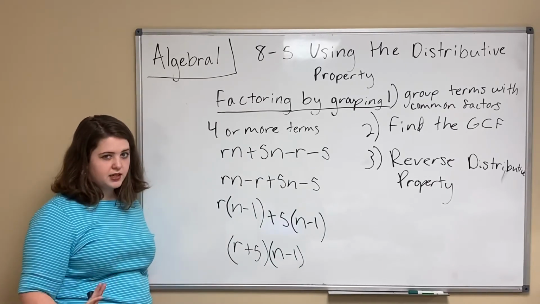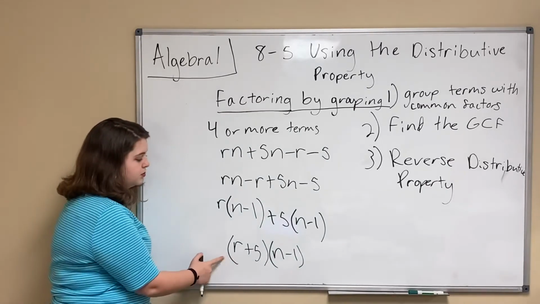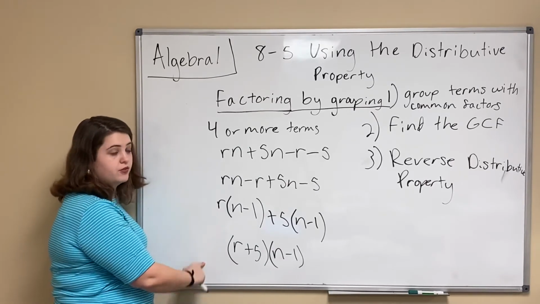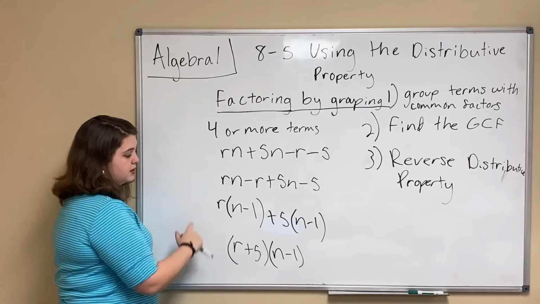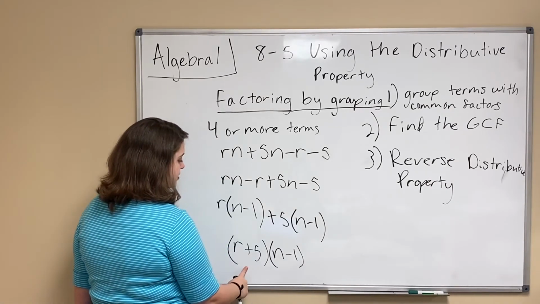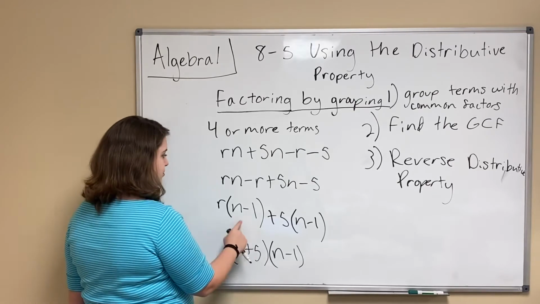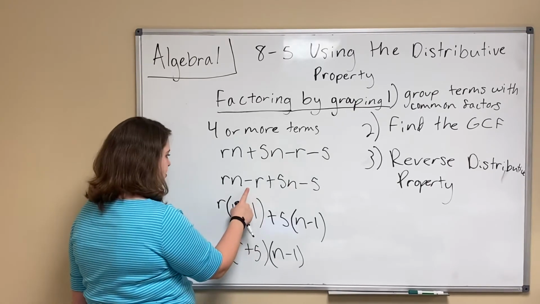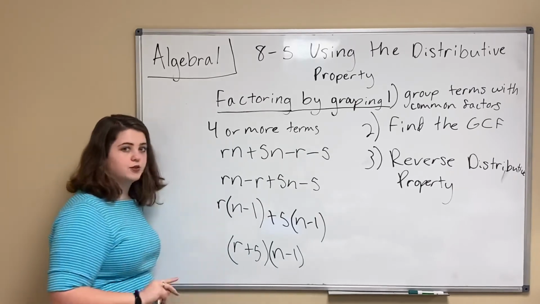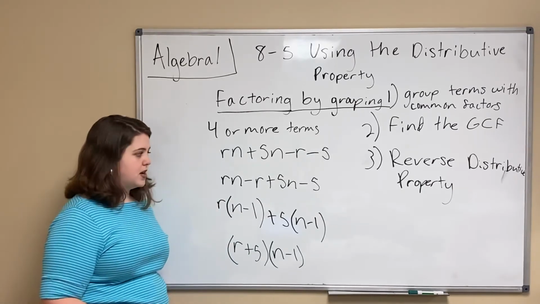So basically what I did is I took that lesson where we were multiplying polynomials and I've done it backwards from the solution we got. Because see, if we were looking at it the other way, if I gave you this and you multiplied it out, you would separate it like this and then you would multiply it. So I've just done our steps in reverse order from what we did in the past.